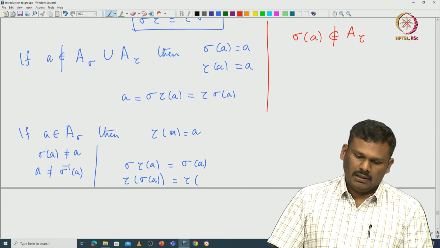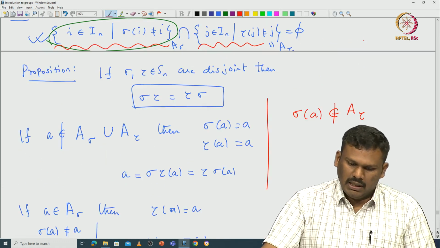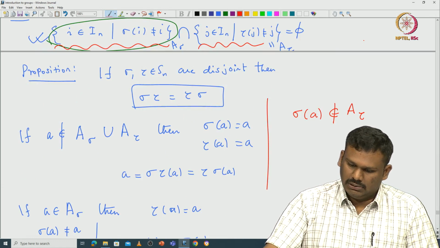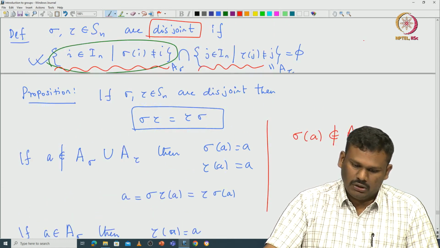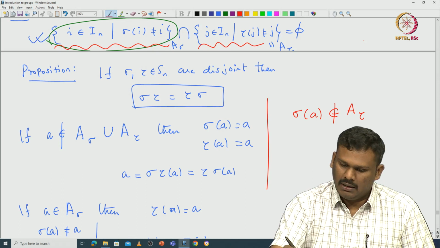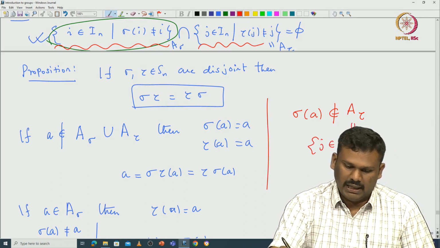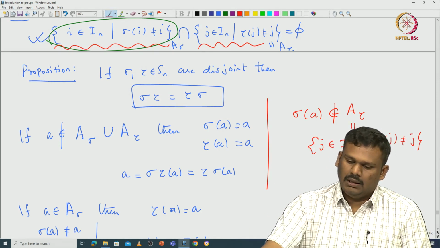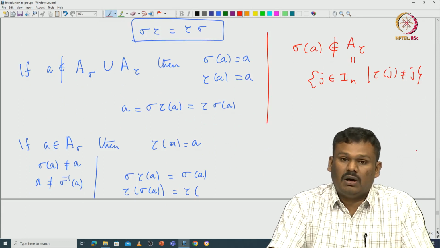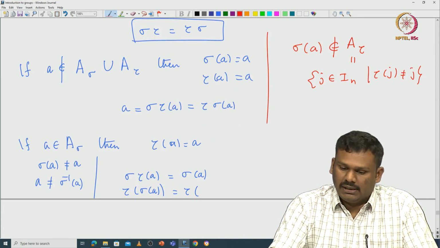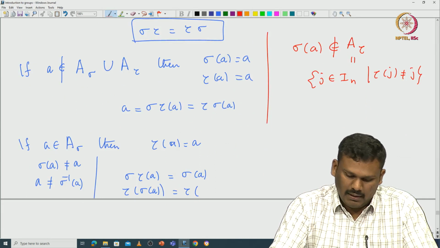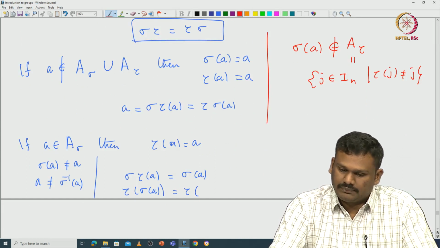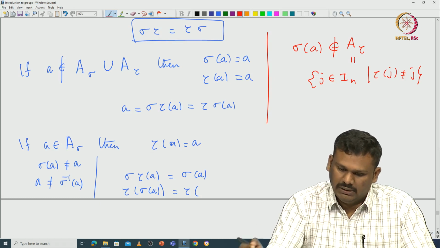Okay. Because A tau is nothing but those indices j such that tau of j is not equal to j. Okay. So, if we can say that sigma of A cannot be actually moved by tau, then we are done.